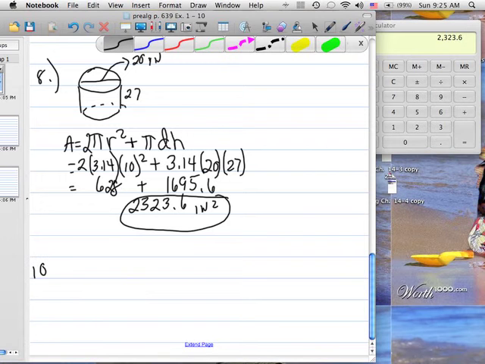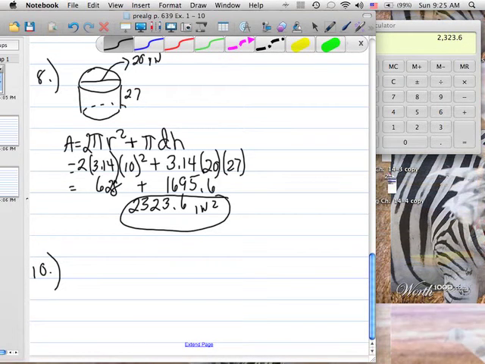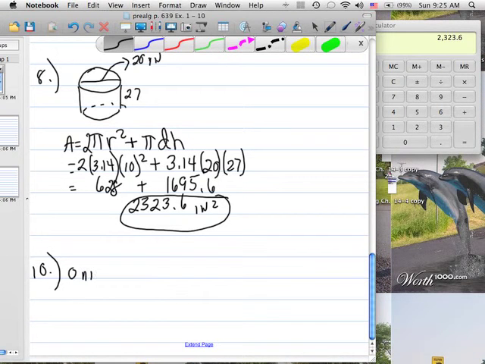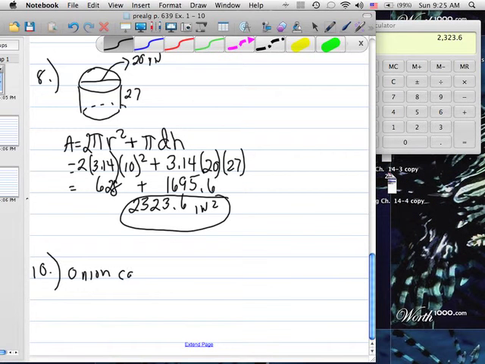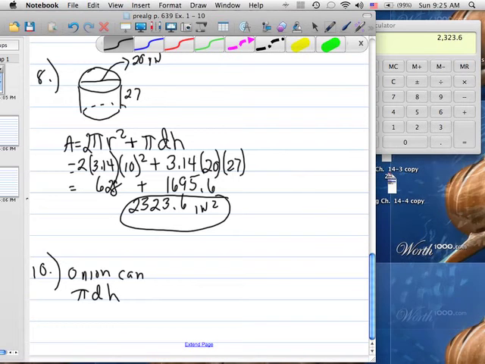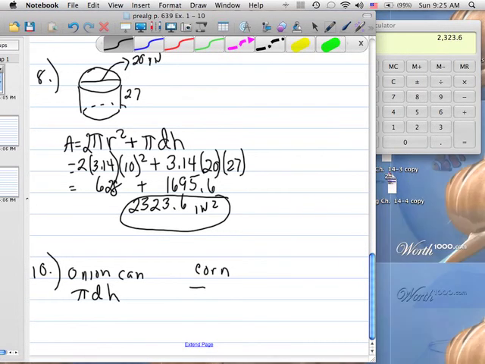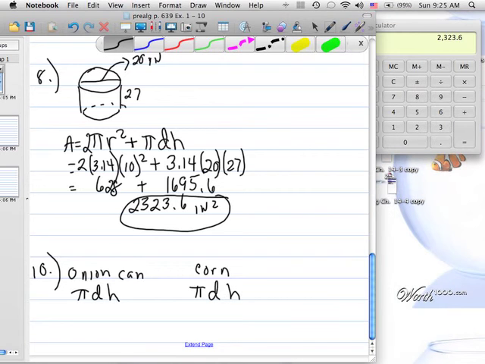And the last problem, number 10, it says compare the areas of the two labels. What do you notice? Now the labels are the outsides of the cans. So let's take the onion can, not the circles, so that would be pi times diameter times h. And then we have the corn can, and its label is bound by pi times diameter times h.